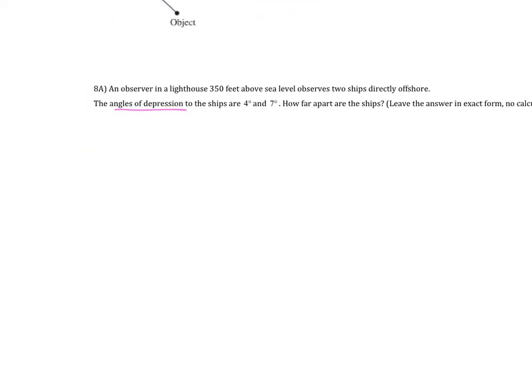So an observer in the lighthouse 350 feet above sea level. Let's just say this is the lighthouse here. So this is 350 feet, and she observes two ships directly offshore. For the first one, the angle of depression is 4 degrees. Remember, it's toward this horizontal. So 4 degrees, she's not looking very far down.